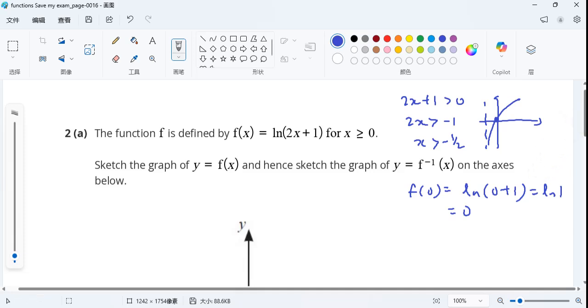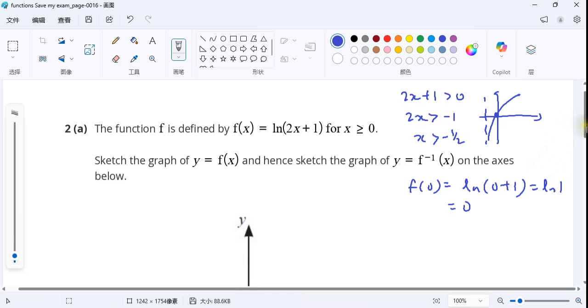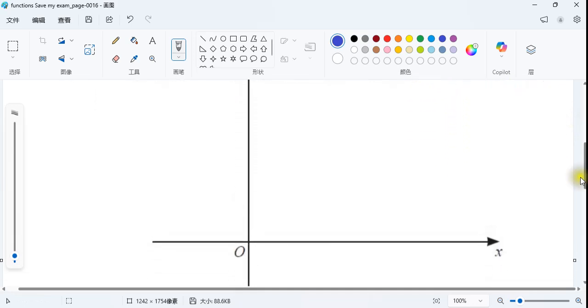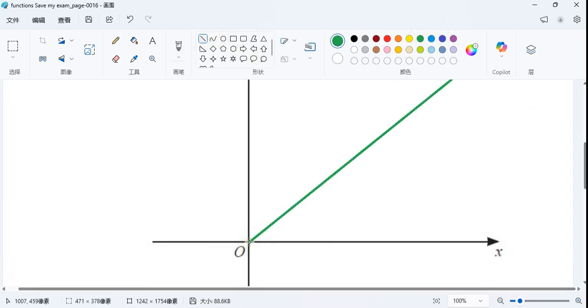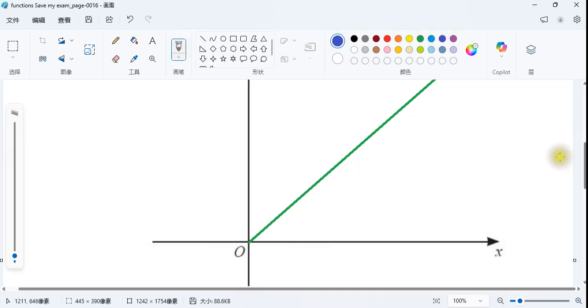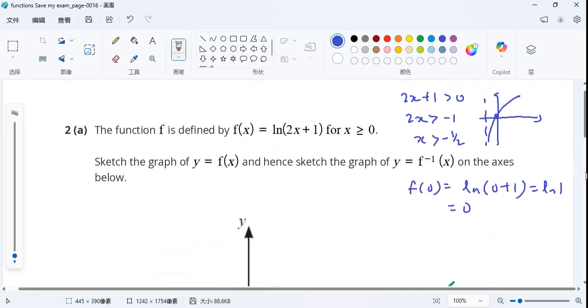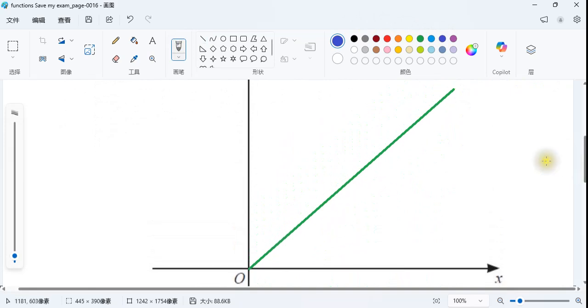Okay, so sketch the graph of f(x) and the f inverse on the axis. So we have y equal to x. Okay, this is the asymptote. Then we have it reflected here.